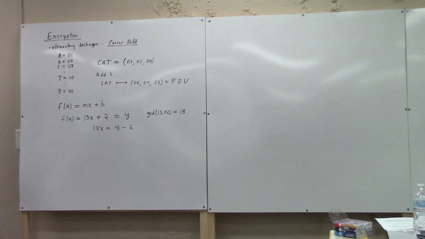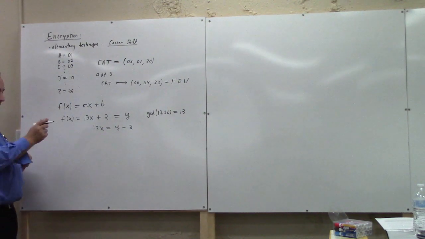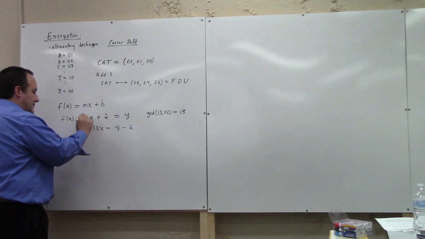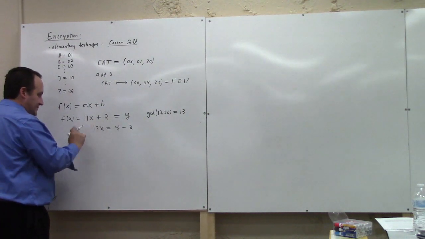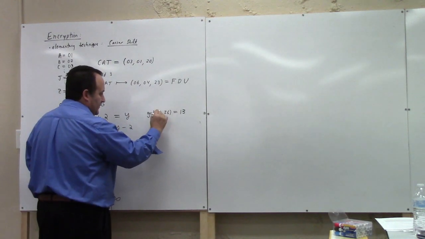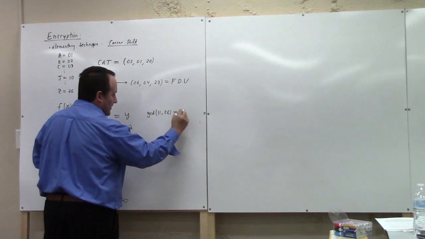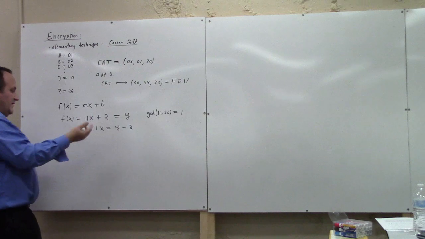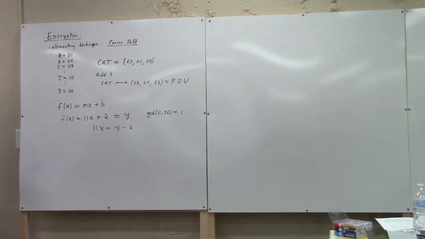So that better not be what I did to you. Instead of 13, let's say 11 here. 11 is relatively prime to 26, so you could find the inverse of 11 mod 26.